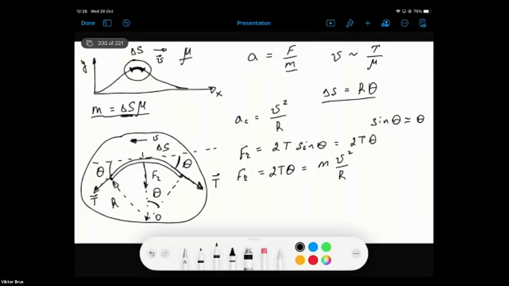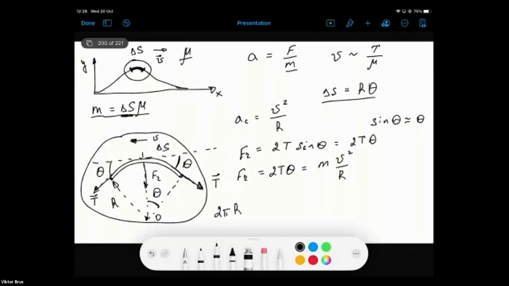So we know that 2 pi is the full angle, 360 degrees, in radians. And we also know that the circumference of the circle is 2 pi times radius.